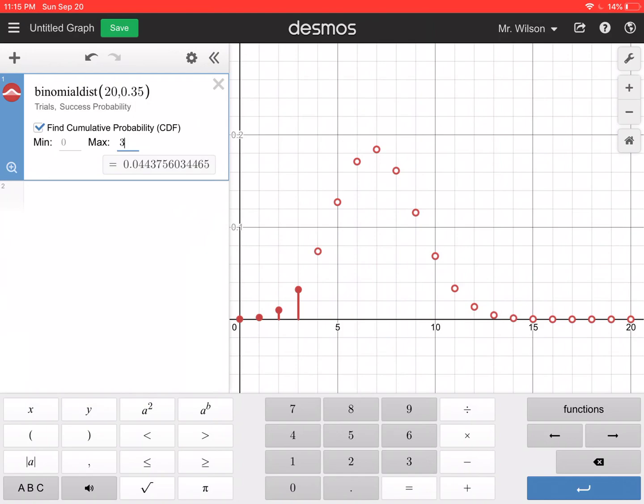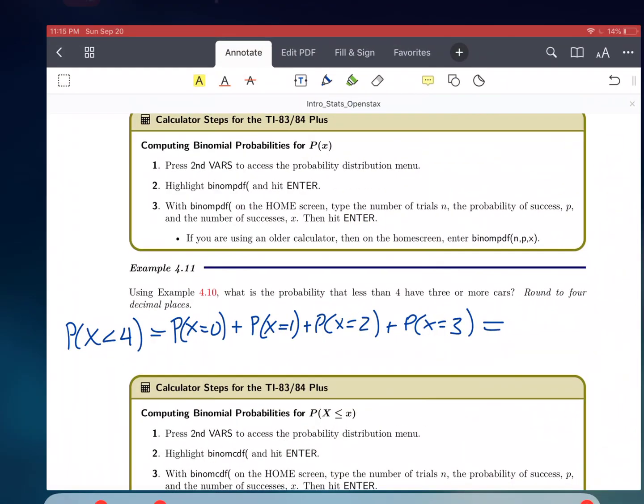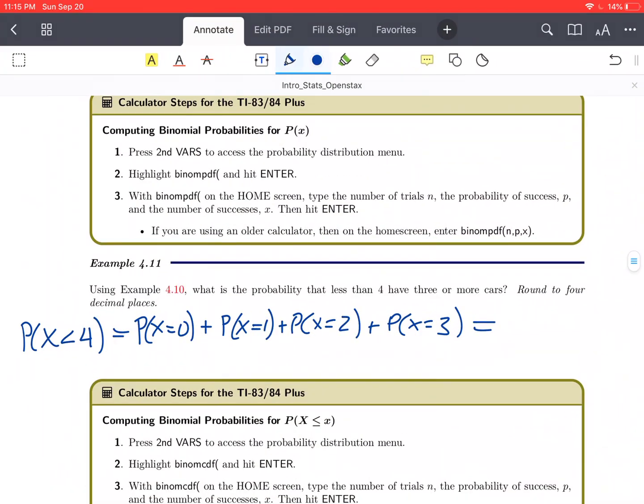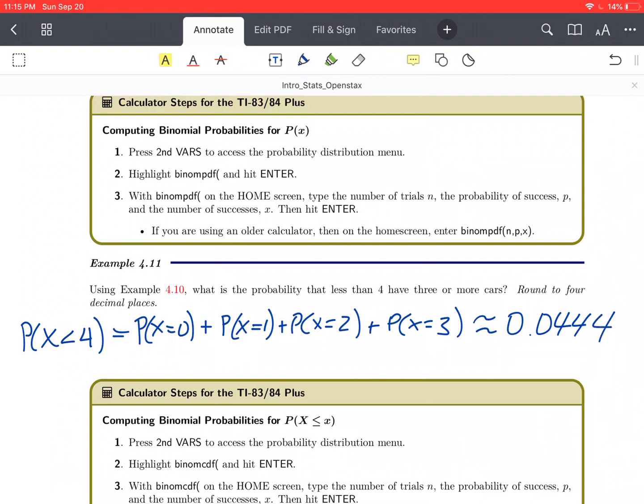And we get 0.04437, so approximately 0.0444. So 0.0444 is our probability that less than 4 households have 3 or more cars in this particular experiment, with 20 households in our sample.